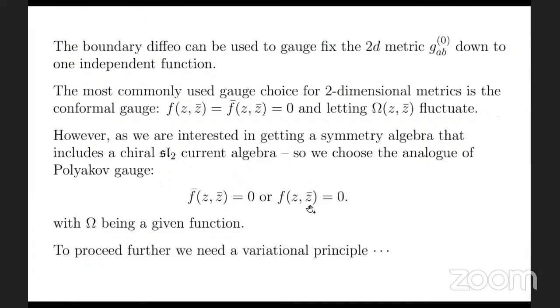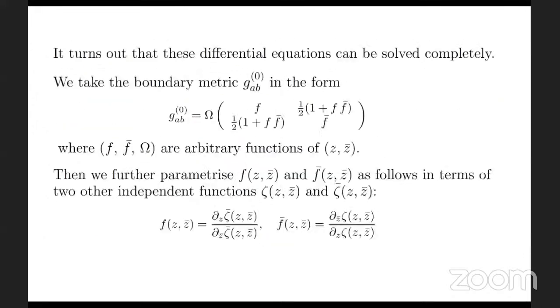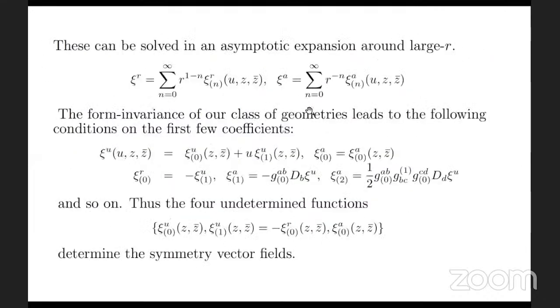Okay, so the boundary diffeomorphisms can be used to gauge fix the 2D boundary metric down to 1 independent component, because there are 2 diffeomorphisms. And the most commonly used gauge for the 2-dimensional metric is the conformal gauge, which corresponds to setting f and f bar equal to 0, as I told you earlier. So if f and f bar are 0, then it's omega times flat. Right?